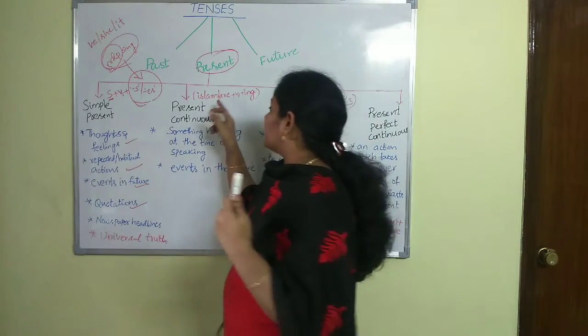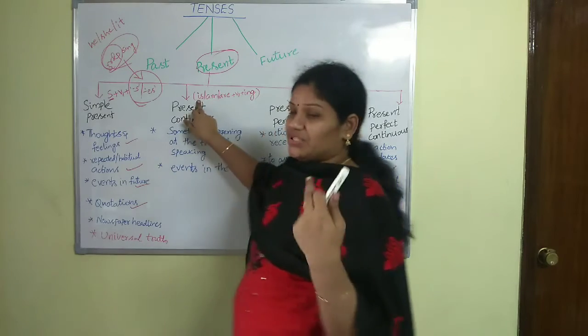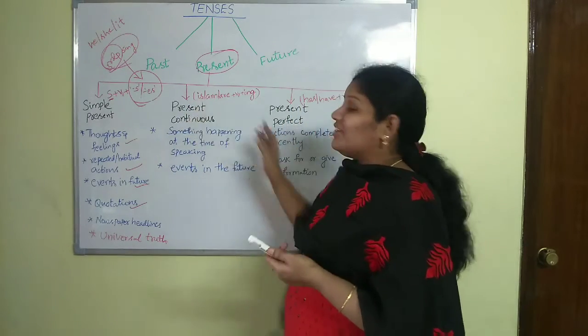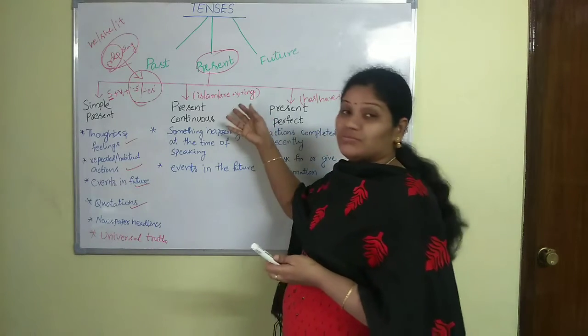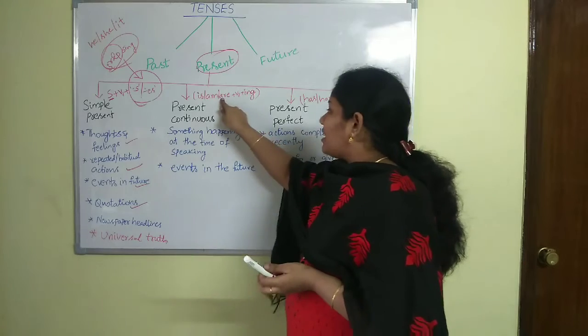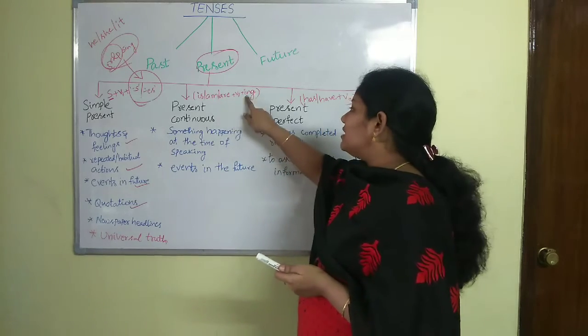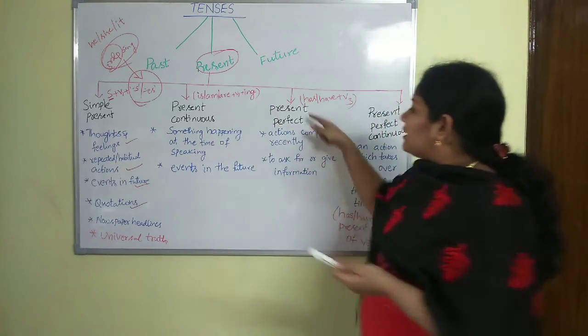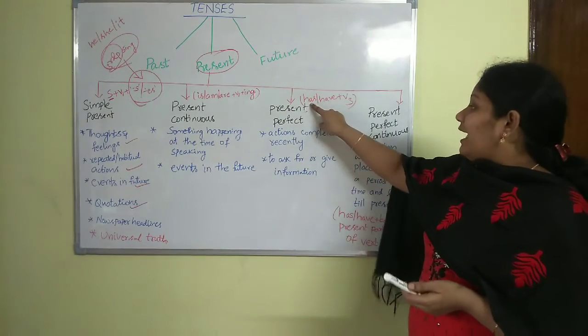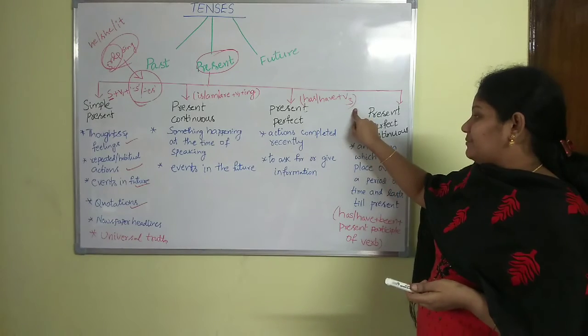If it is a singular subject, we choose is. If it is a plural subject like we, you, they, then we prefer are. Then V1 plus ing form.